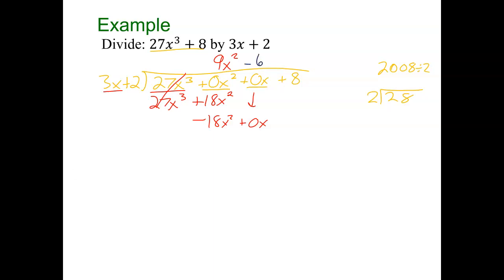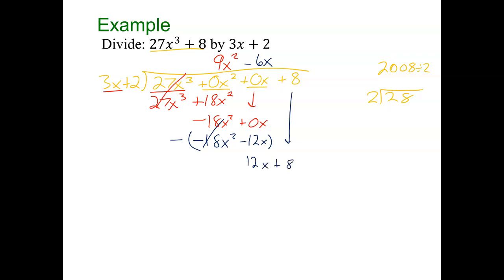Negative 6x. I multiply. And then again, I needed that 0x because I need something for the subtraction. That cancels. 0 minus negative 12. Positive 12. And then we bring down the 8.